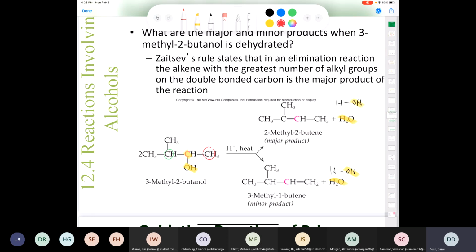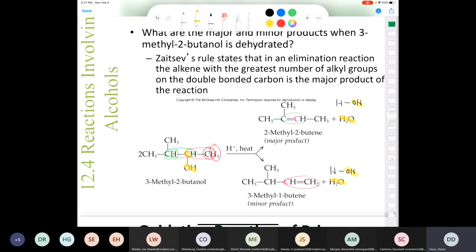If I pull off a hydrogen from the carbon circled in green, then the double bond's going to be here, and I end up with 2-methyl-2-butene. If I pull off a hydrogen off that I have circled in red here, then the double bond's going to be on the end, like this.